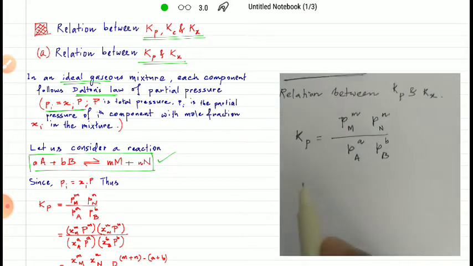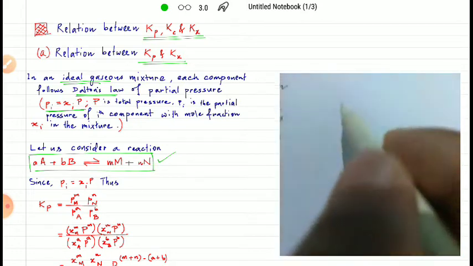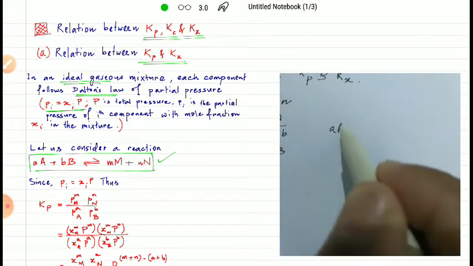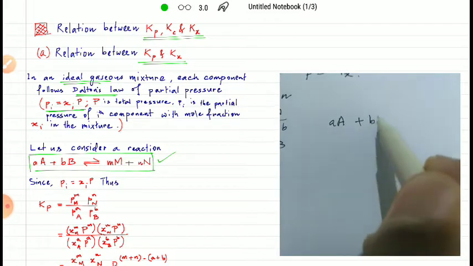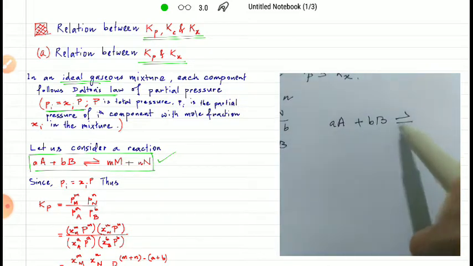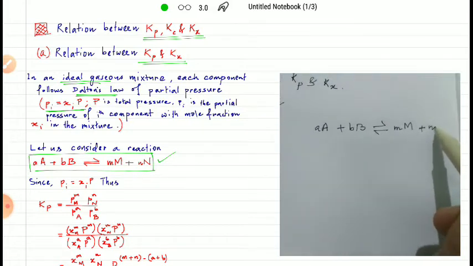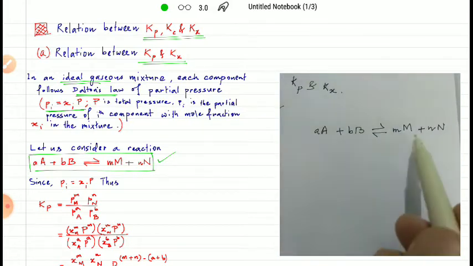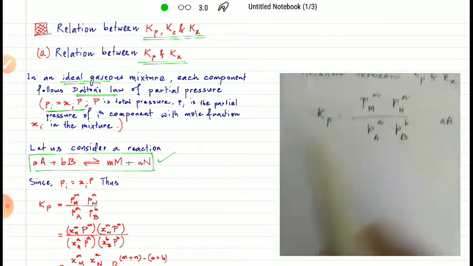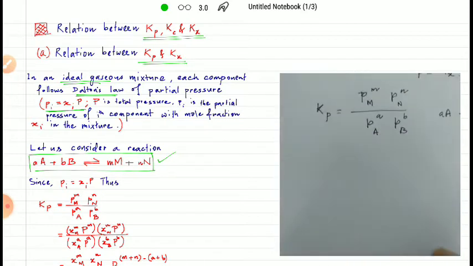Okay, this is for a reversible reaction, where a moles of A and b moles of B react with each other and form m moles of M and n moles of N. Okay, so for this reaction we have this equilibrium constant.